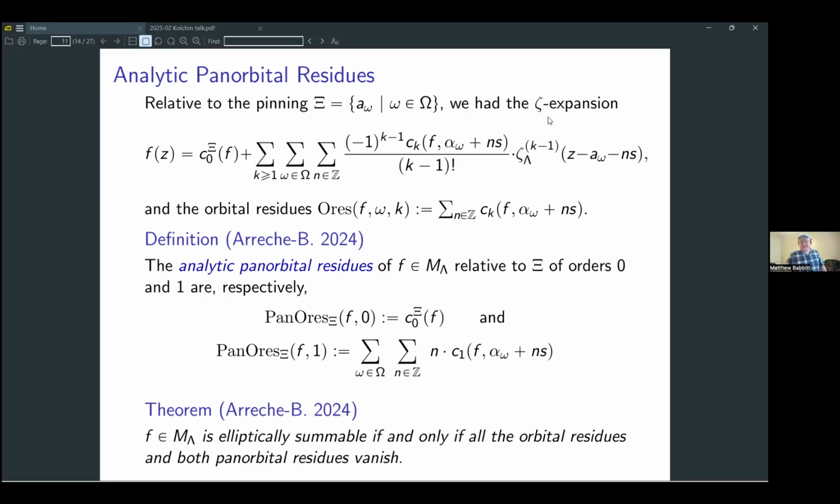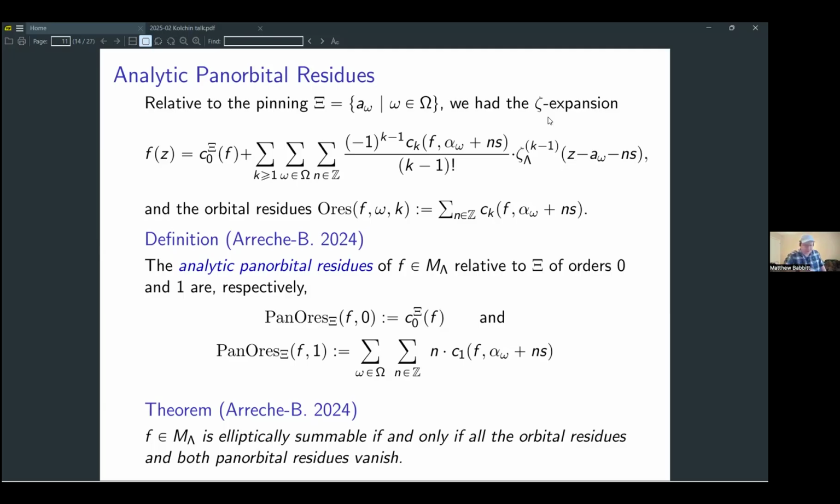Like, in order to find this C0, you take your elliptic function f, you find the zeta expansion, and then subtract all the zetas from it. And how do you make a computer do that and spit out a constant? Like, I actually don't have ideas for this. The best I could imagine is estimating everything, but summability isn't an estimation problem, it's an exact problem. Your function is summable or it's not.